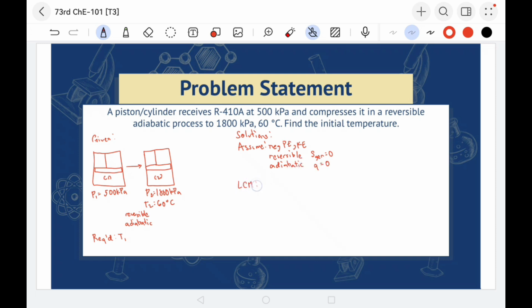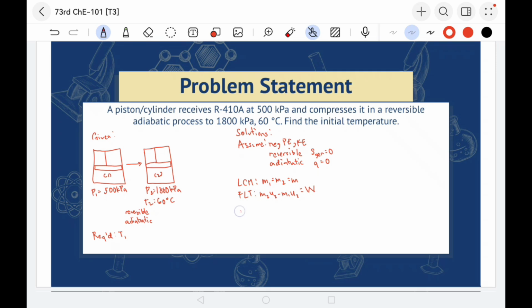For our material balance, the law of conservation of mass would be M1 equals M2 equals M. And for our first law of thermodynamics or energy balance, M2U2 minus M1U1 will be equal to W. But the focus on this problem will be on the second law of thermodynamics, which is delta S equal to the integral of dq over T plus Sgen. Since the process is reversible, Sgen is 0, and it is adiabatic, so dq over T will be 0. Since both terms are 0, delta S will be 0, or S1 equals S2 once you transpose one to the other side.